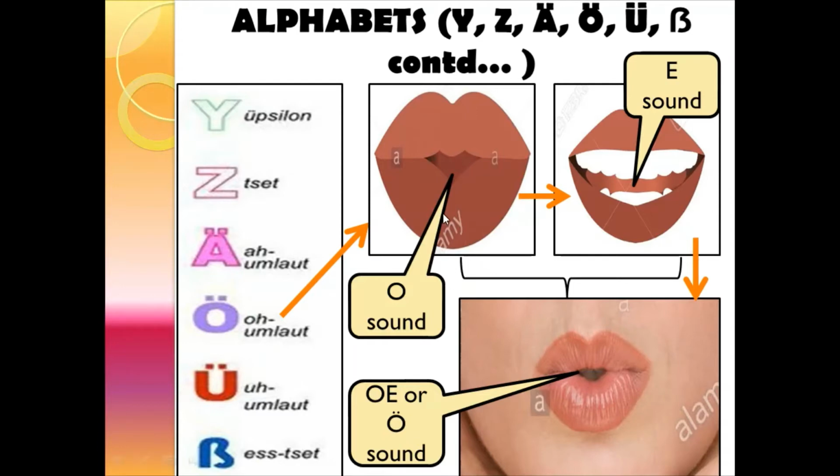Do note from this image that when the O sound is produced, the lips tend to have what I call a diamond-like shape, as you can see here in this image.